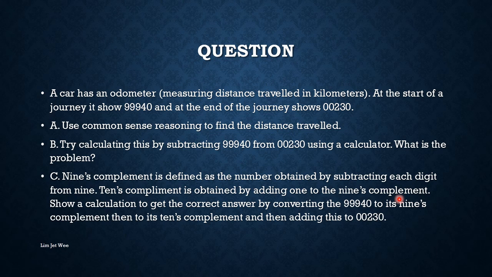You're supposed to show a calculation by taking the number 99940, converting it to its 9 complement, then converting it to its 10 complement, then adding this to 00230, which is the end, and prove that it still gets the same answer, which means it works.